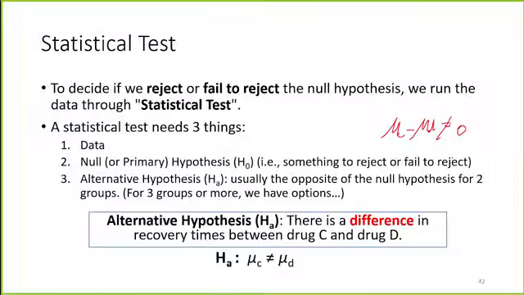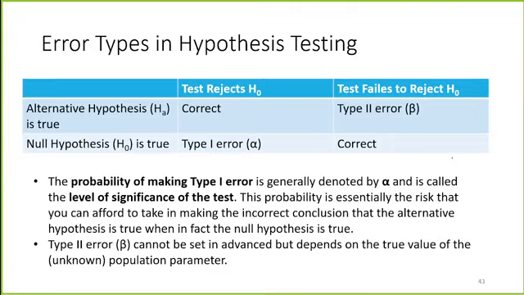Now, when we do hypothesis testing, there are 4 scenarios that could happen. Let's see whether we reject or fail to reject, and whether the alternative is true, this is the real thing, or the null hypothesis is actually true. Let's look at the correct scenarios first.